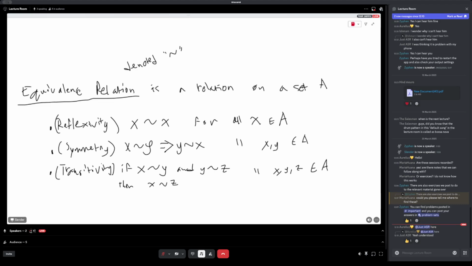Now let's have some examples of equivalence relations.